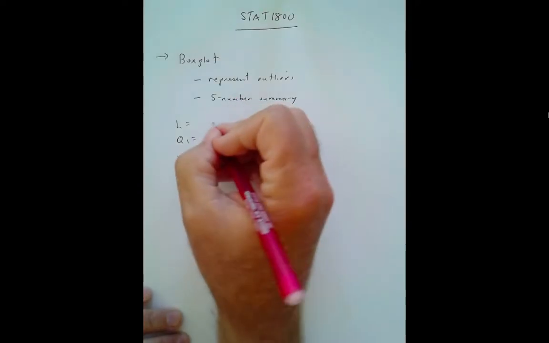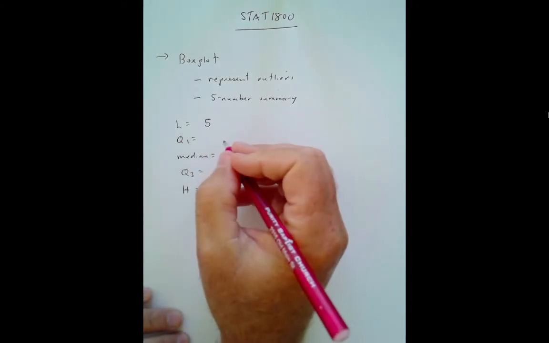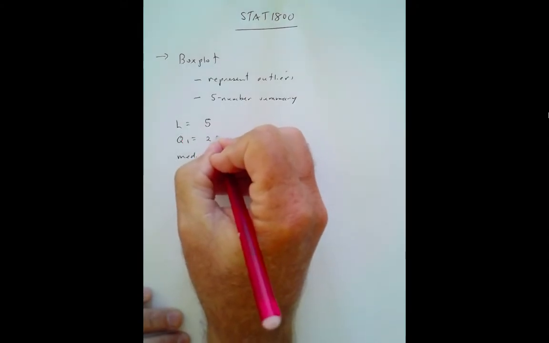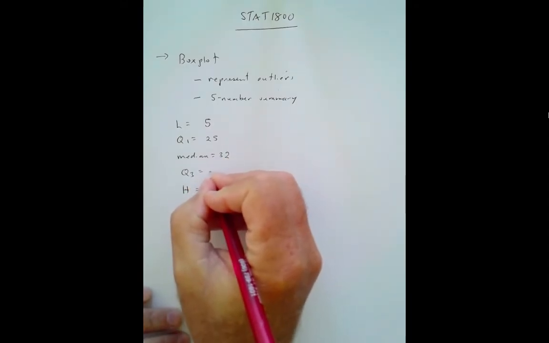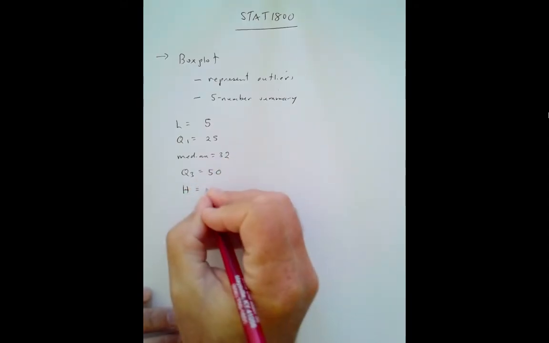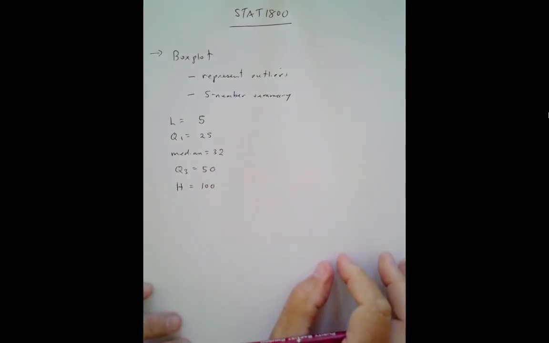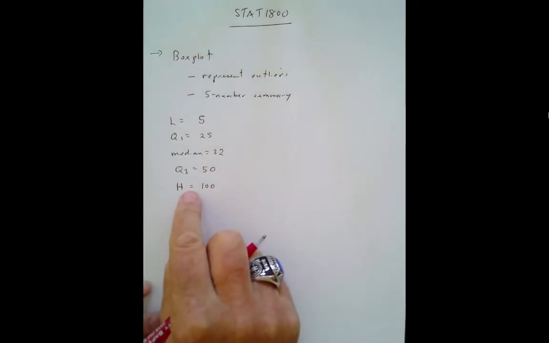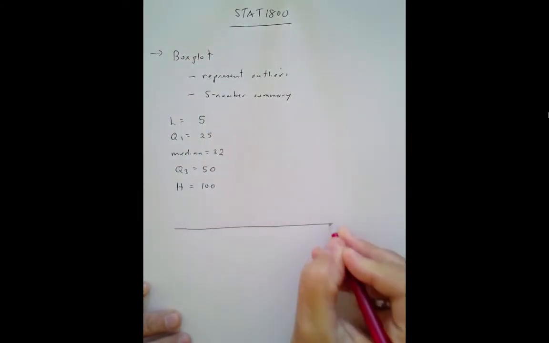So if we had something like this, let's say the low number was 5, Q1 was 25, the median was 32, Q3 was 50, and the high was 100. I see so many times that people will take this 5-number summary and do a box plot, and they'll do it like this.